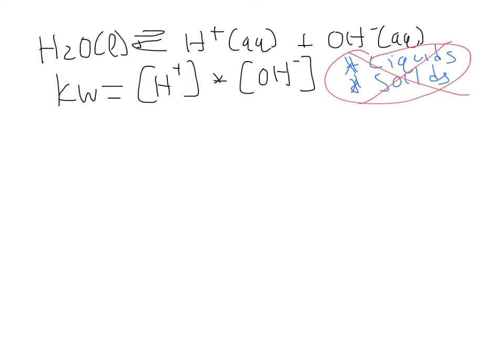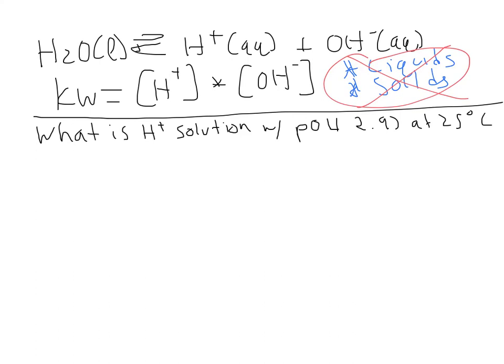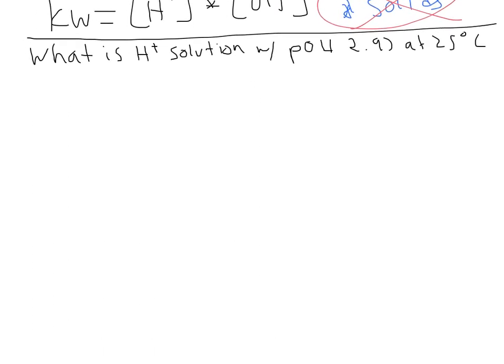And this is what's given. And the problem asks for what is the concentration for an aqueous solution with a pOH of 2.97. So let me write that down real quick. Alright, then make a little bit of space right here. I'm going to lift that up. Alright, I'm sorry guys, I made a little mistake here. Let me just quickly fix this.